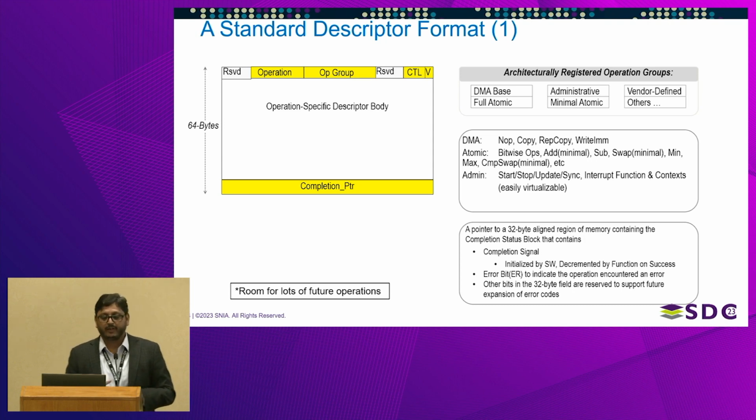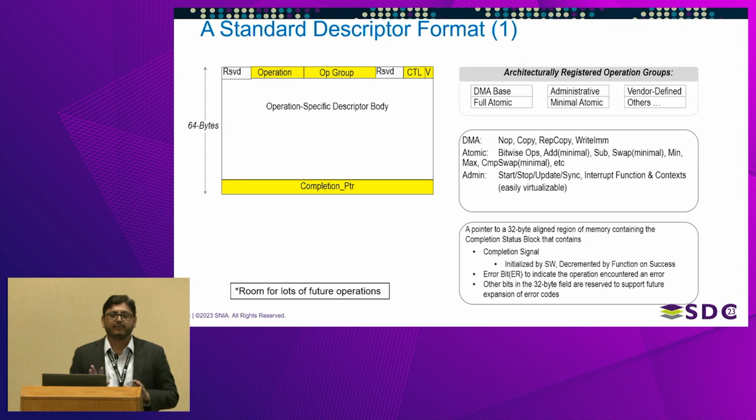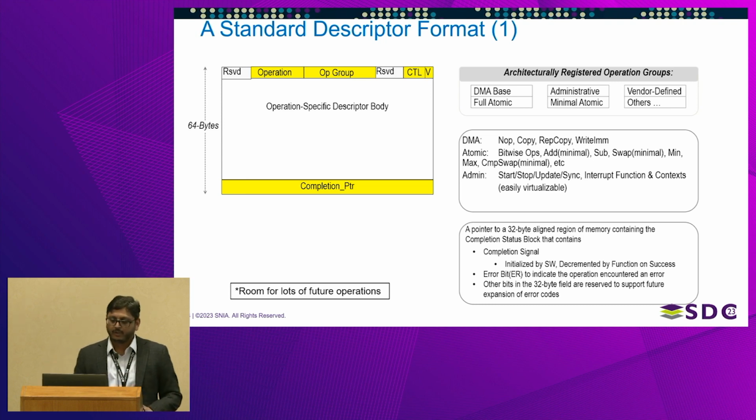There is also an administrative operation group. Different contexts can have different numbers of operation groups, but context 0 must have at least the administrative operation group. So context 0 is a little bit more special than the other contexts for each function.